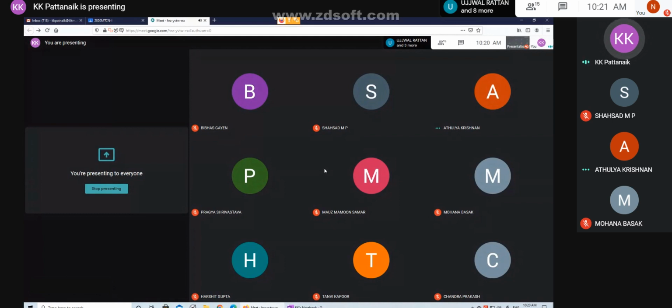How is the 2D mesh structure relevant to the subject? Correct, in read-only memory, this is the kind of interconnection. This is a kind of interconnection, right?